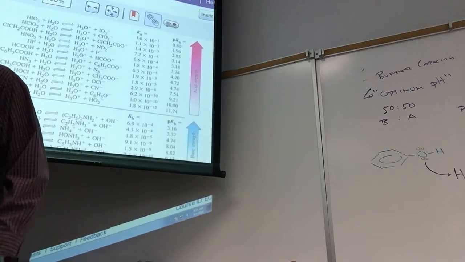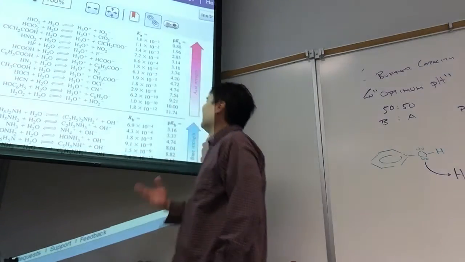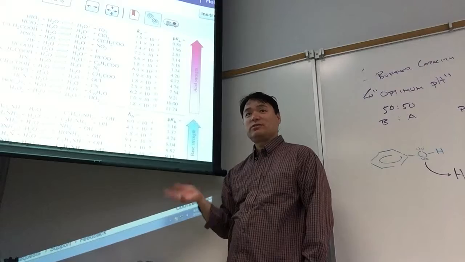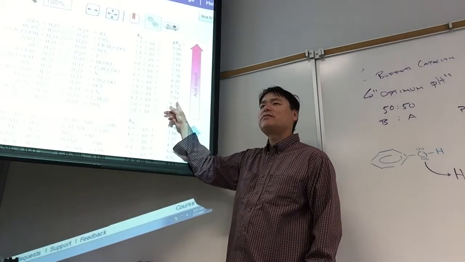All right, but you might, for example, want a buffer of not 4.20, we want a buffer of 4.00, or we want a buffer of 7.00, not 7.54.